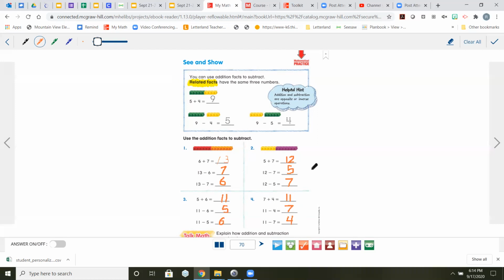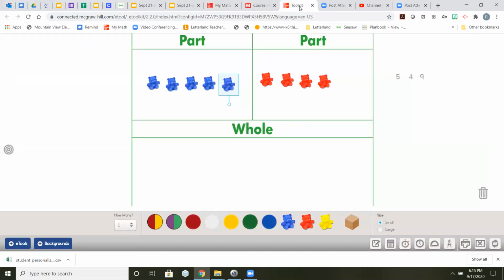Okay. Now, before we go over to the next one, I'm going to come back here and we're going to look at 5, 4, and 9 a different way, other than looking at a train with the connecting cubes. Here we have our part whole map. And remember we had 5, 4, and 9. Here we have part of them, which is 1, 2, 3, 4, 5. There's the 5 in blue. And then 1, 2, 3, 4, the 4 in red.